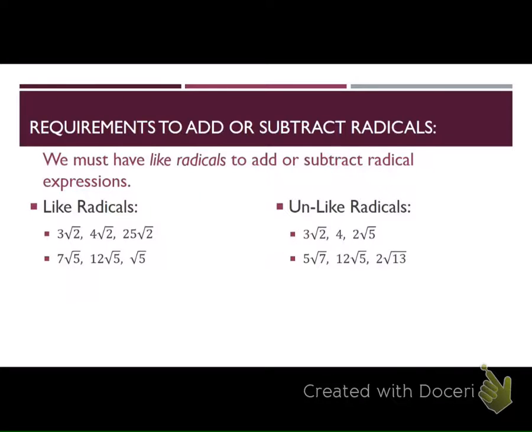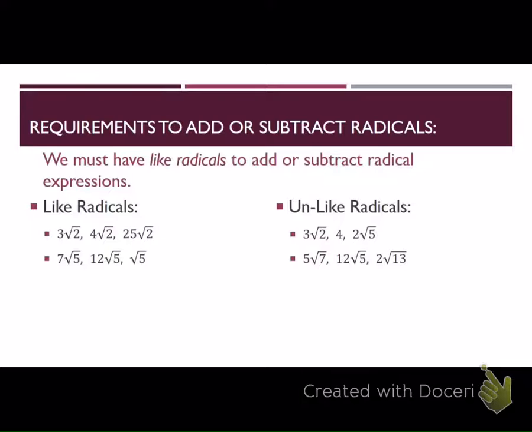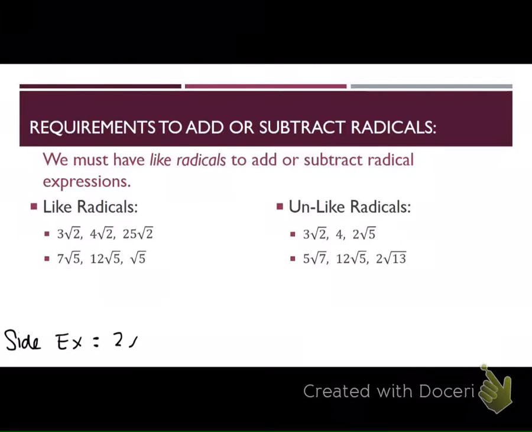You must have like radicals to add or subtract radical expressions. So think about this. This is just a side example. If you have 2x plus 4x, you can add those, right? Because they both have x.